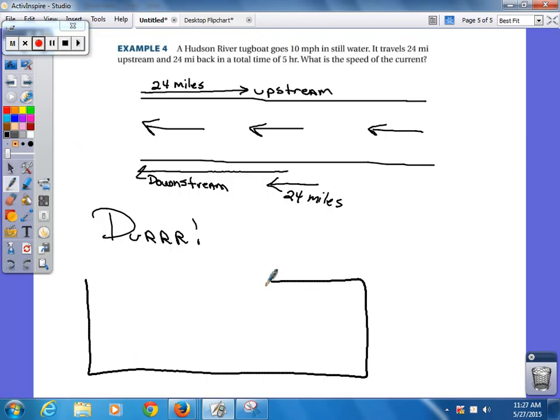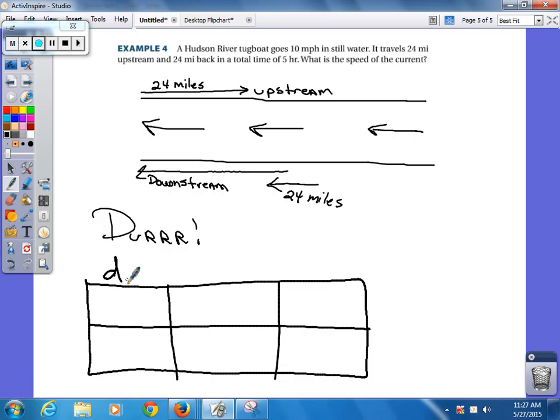Distance equals what? Distance equals rate. Y'all tell me what the distance is. So these two equations are going to be equal to each other based on what? The distance.